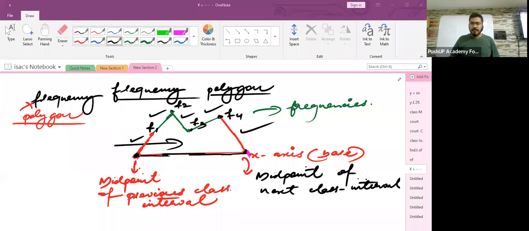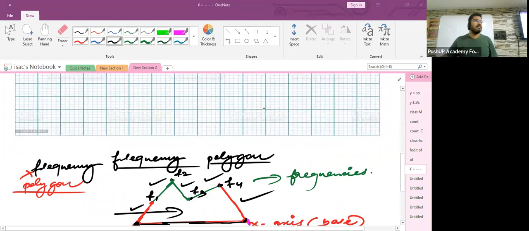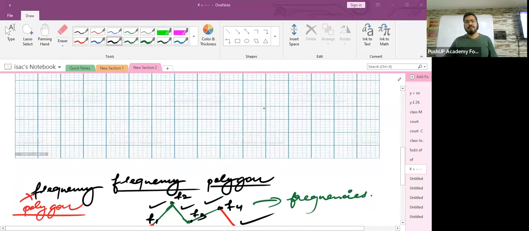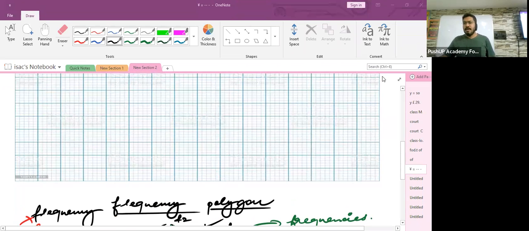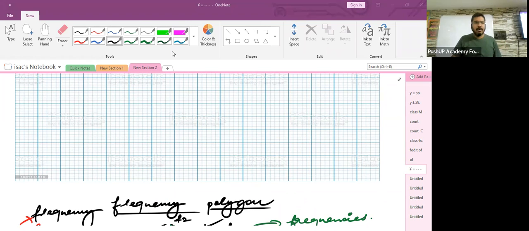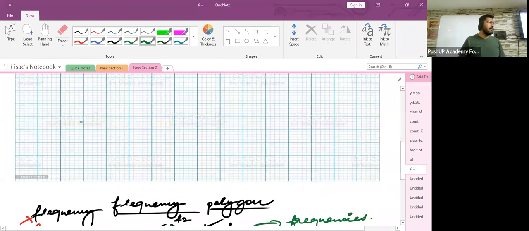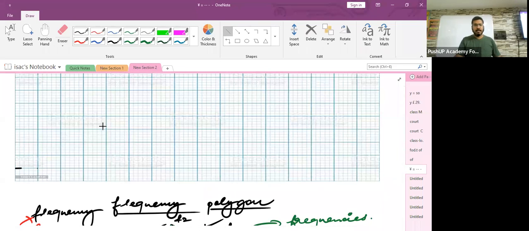Now, for this given table, we are going to draw the frequency polygon. Okay, ready? Fine, children. So whenever you draw a graph, what are the two important factors, children? The two important factors are the x-axis and the y-axis. I believe you all are ready with the graph paper. Online students, you all have a graph paper, no? All right. So children, start drawing the x-axis and the y-axis.